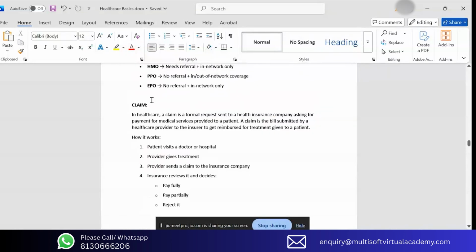When you see a claim, as we all know, a claim is a formal request that a provider sends to a payer to get the benefits for which the insurance plan has been taken.